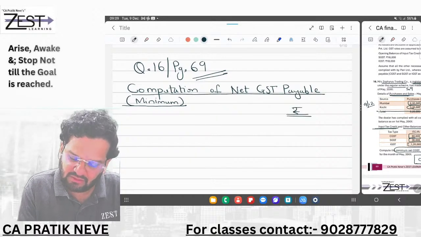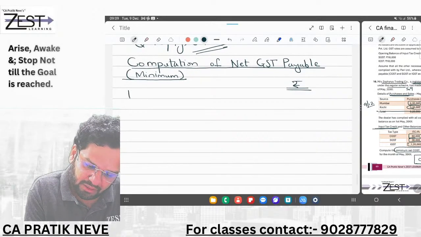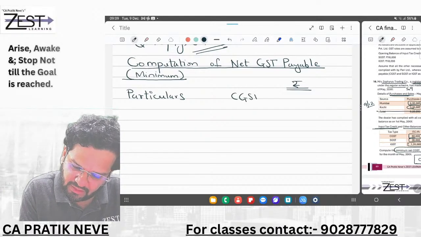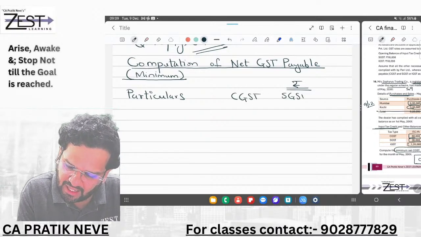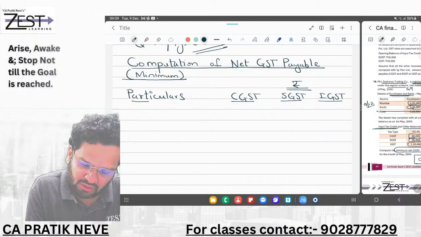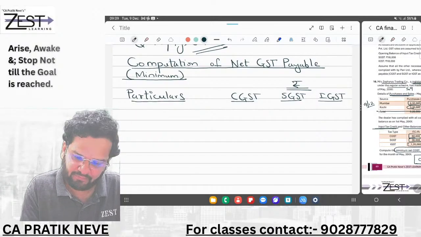Figures in rupees. Particulars: CGST, SGST and IGST.